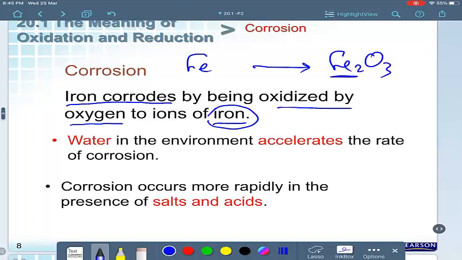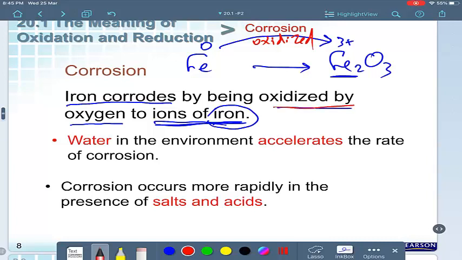Here, the iron is an ion of iron, yes, and it's positive 3 in this case. It was 0. What happens here? The oxidation number increases, so it's oxidized.